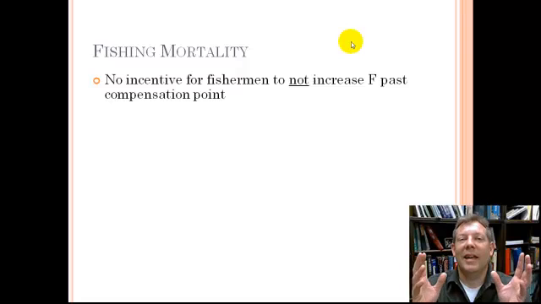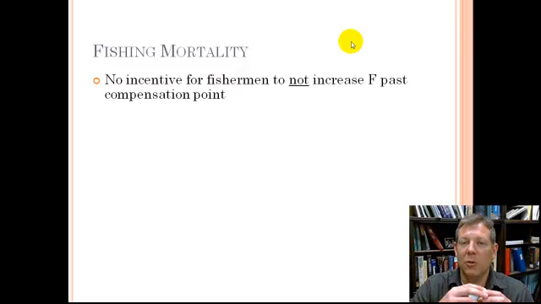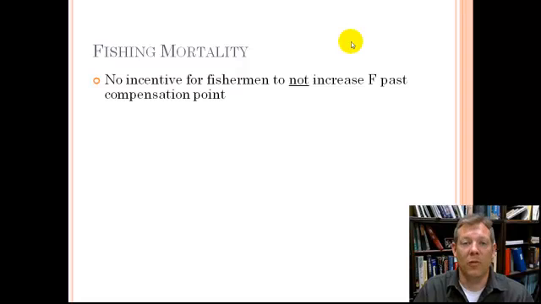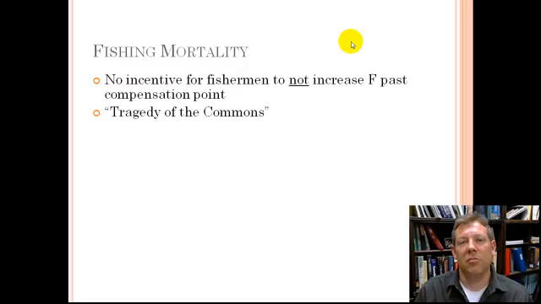But in that case, you increase F past the compensation point to where the natural mortality can't compensate, and you can get recruitment overfishing. This is known as the tragedy of the commons, and this is a common idea that you're going to hear in population ecology, and in economics you see the same kind of thing.